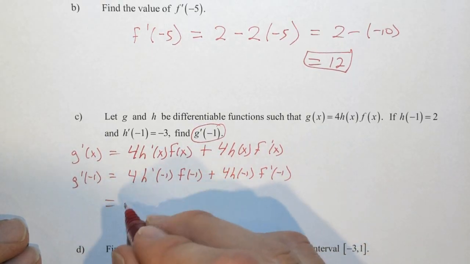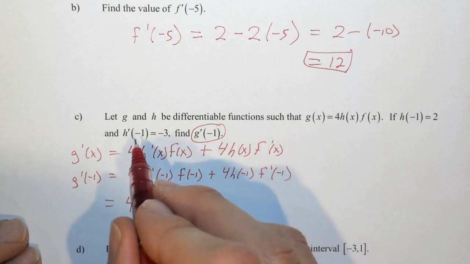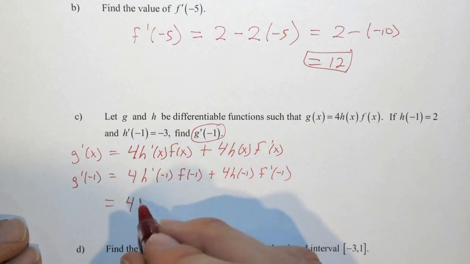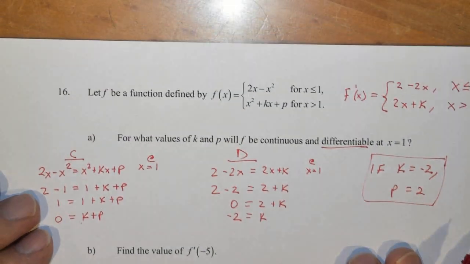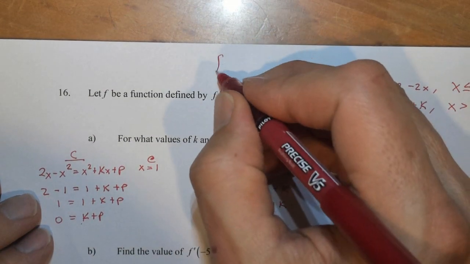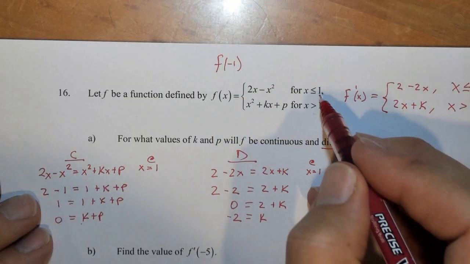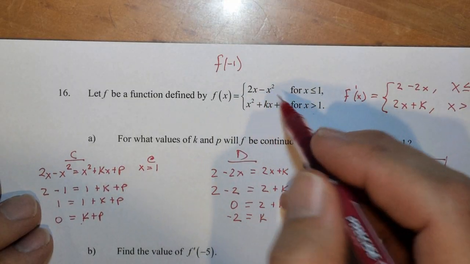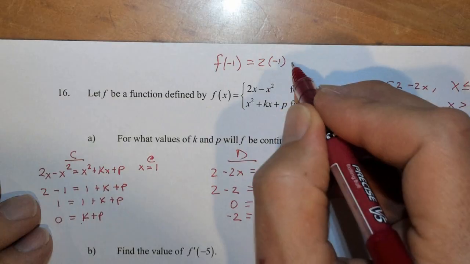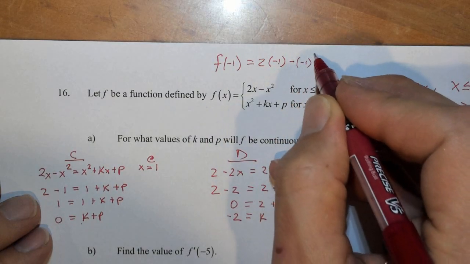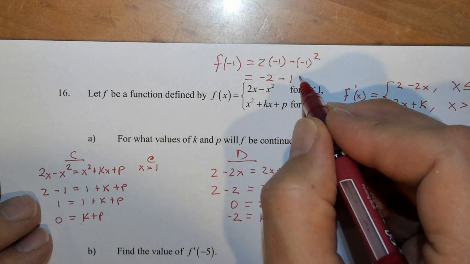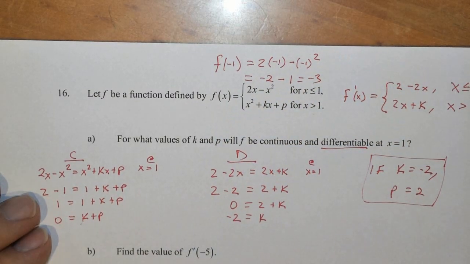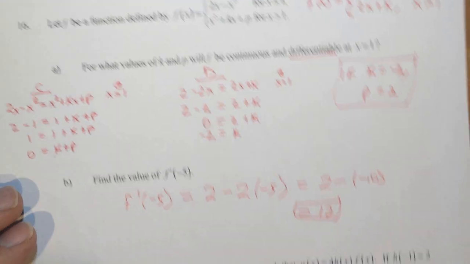Here we go. 4, h prime of negative 1, we see right here, is negative 3. F of negative 1, now f's way up here. All right, we need f of negative 1. Negative 1 is less than 1, so we're going to plug negative 1 in here. So that's 2 times negative 1 minus negative 1 squared. So that's negative 2 minus 1, which is negative 3. F of negative 1 is negative 3.